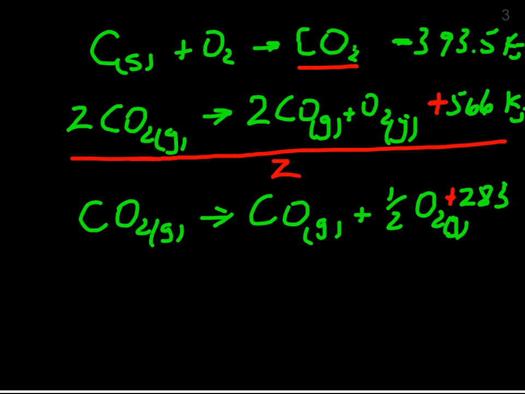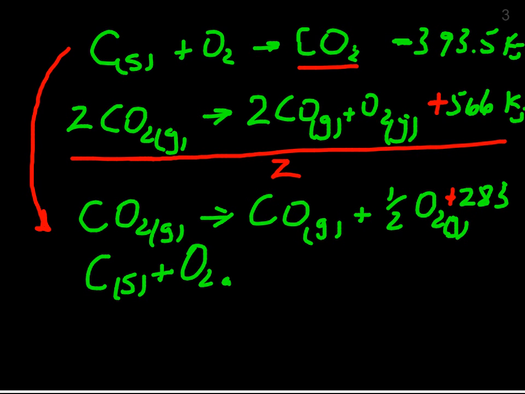283 kilojoules. Now I can take my first equation right here, drop it down. Carbon solid plus O2, which is a gas, going to CO2, which is a gas. And that amount was minus 393.5.